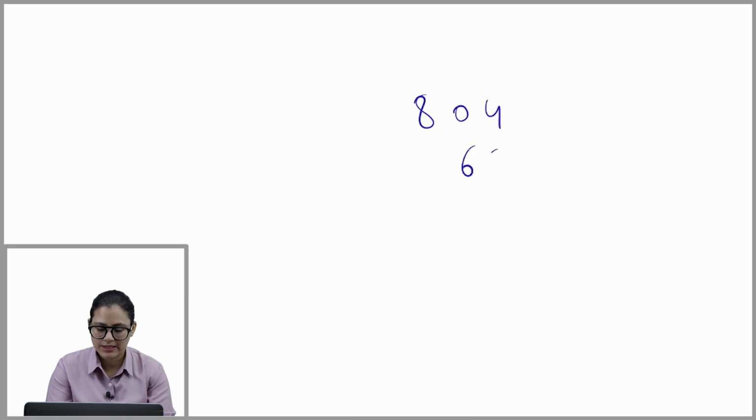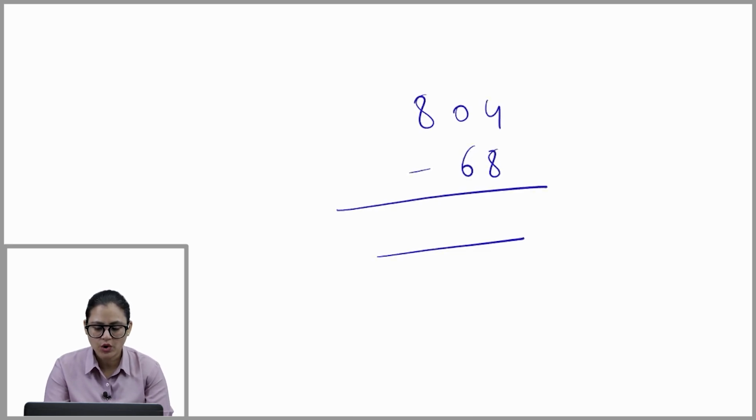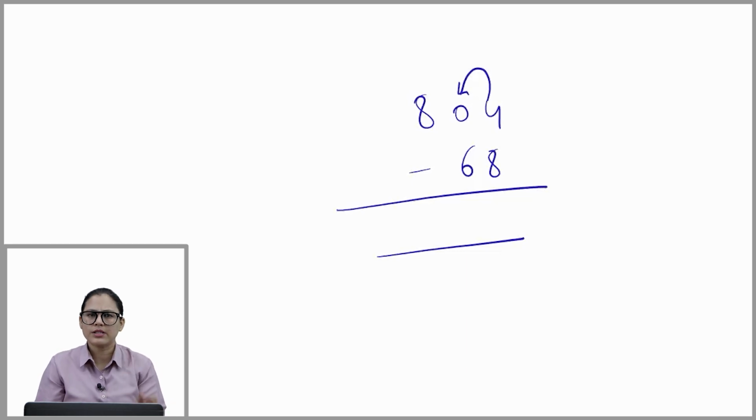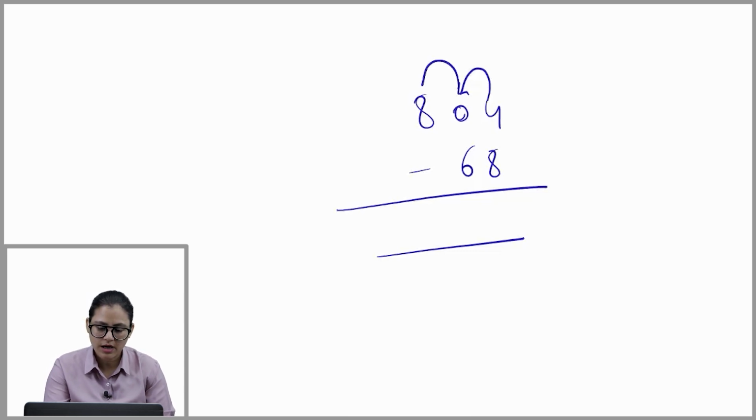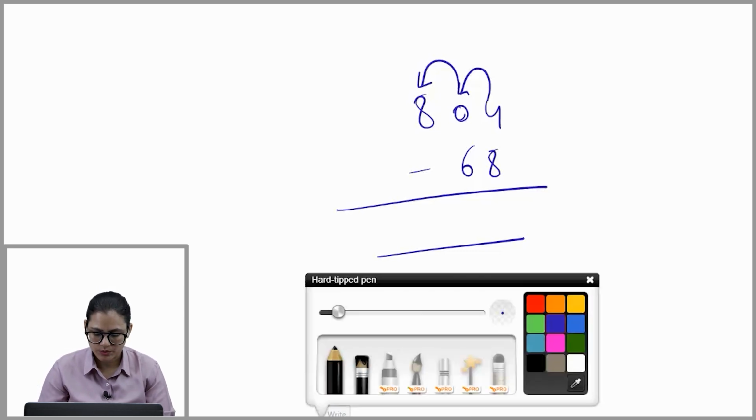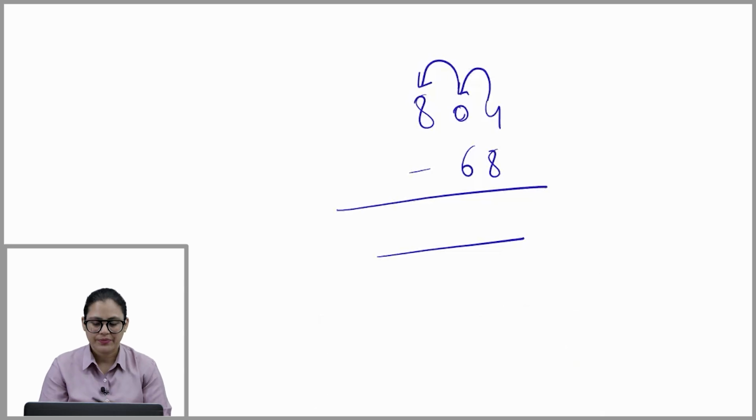804 minus 68. We cannot subtract 8 from 4. So, we will have to borrow from this place. But wait a minute, there is a 0 at the tens place. How can we borrow from 0? So, what will we do? We will go to the hundreds place and we will borrow from here. Now, what happens?